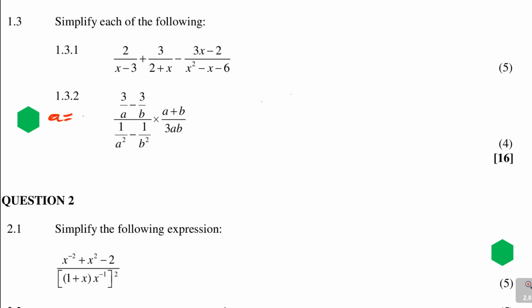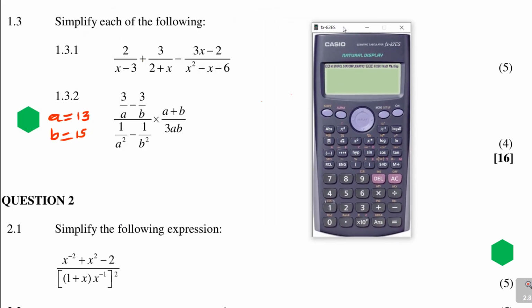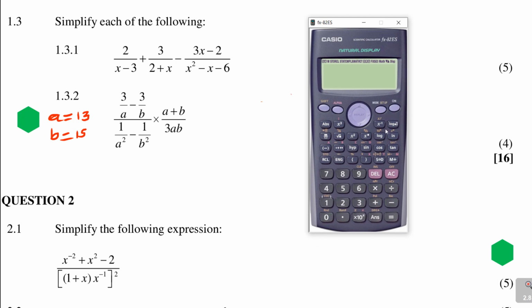That is not going to confuse. For example, I can say let a be 13 and let b be, let's say, 15, just separated by 2. I'm going to put the values of a and b here.